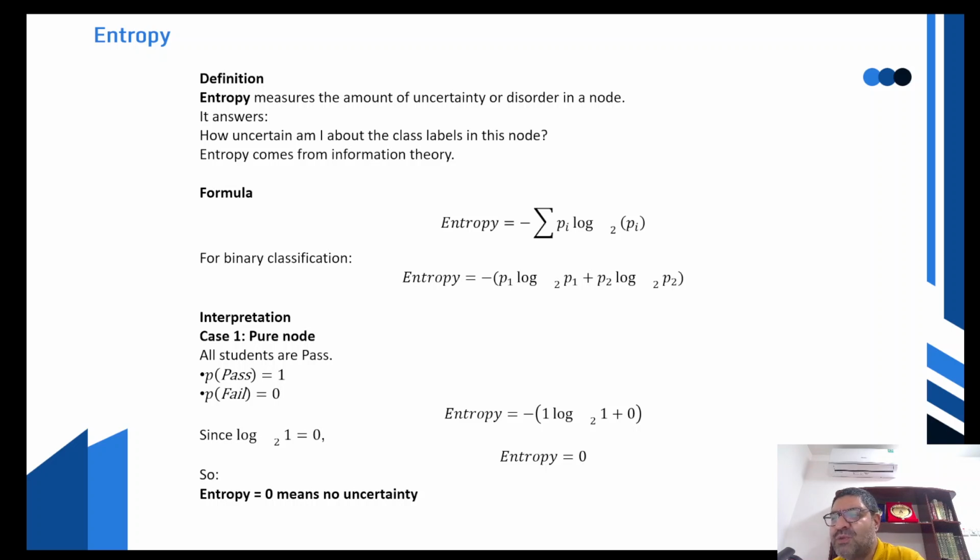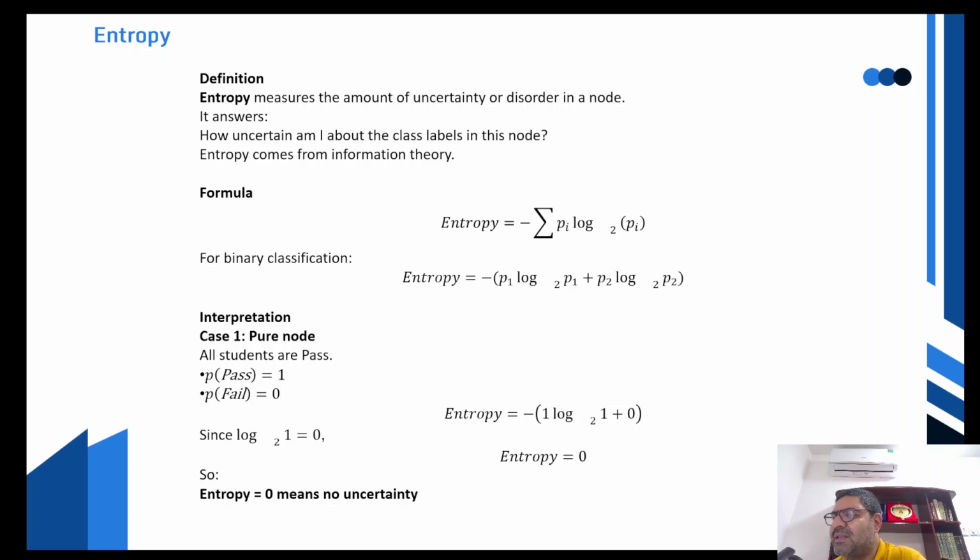Now if a student is pass, the probability is going to be 1. If a student is fail, it is going to be 0. And we know the value of log 2 1 is equal to 0. So entropy equals minus 1 log 2 1 plus 0.